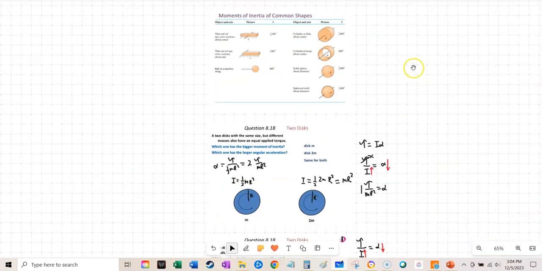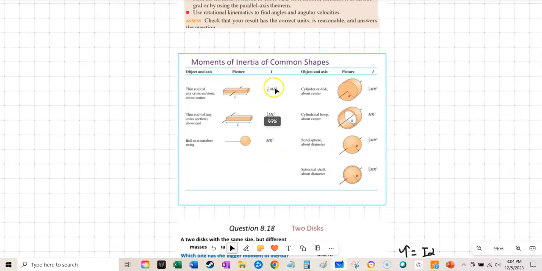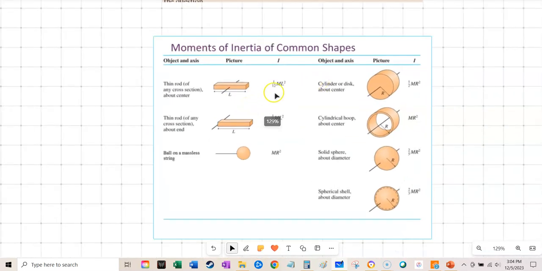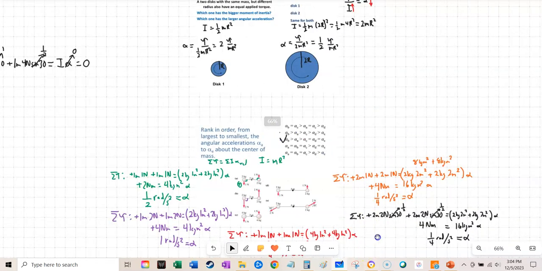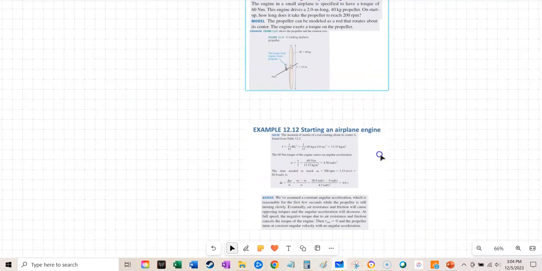So let's go up here. A stick spinning about its center has a moment of inertia of 1/12 ml squared. So let's write that down.